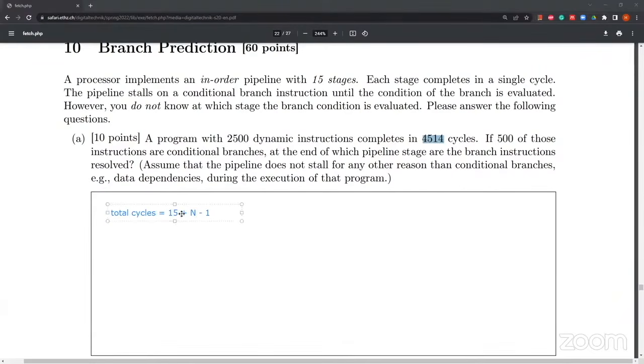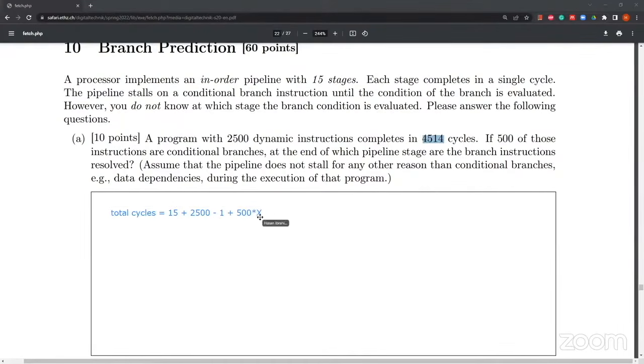Here we can replace n with the number of dynamic instructions given in part A, which is 2,500. So this is the formula that we will use. Plus, we need to account for the bubbles introduced by waiting for the branch conditions to be resolved. We have 500 conditional branches, and we don't know exactly how many bubbles they will introduce.